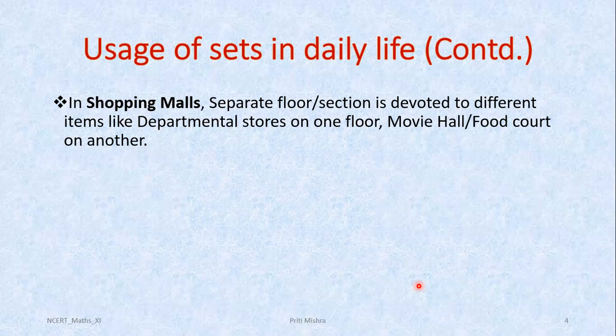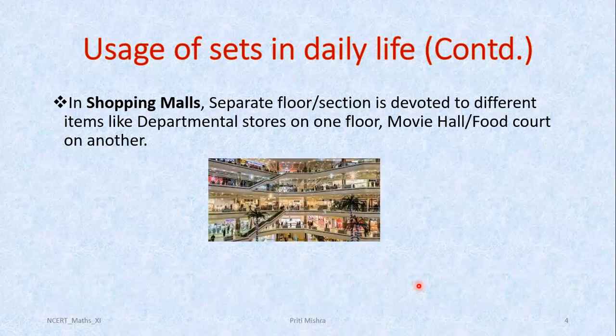Like departmental stores in most of the malls, they keep in the basement area, and movie halls and food courts are placed on the uppermost floor in most of the malls. So just by doing such arrangements, they are keeping stores in the form of sets on each floor, right? So shopping malls are also giving us examples of sets in our daily life.